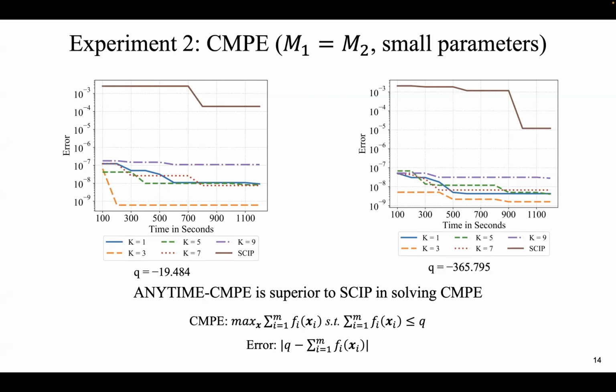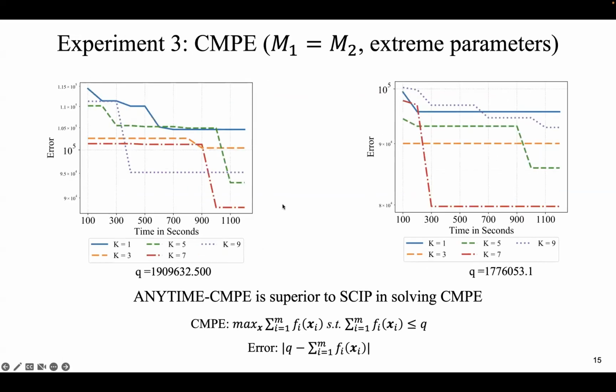Yeah. So actually it turns out that these 2 CMPE problems are actually much harder, right? And so what happens is that on these harder problems, we can see that the difference between SCIP and our algorithm, so I'm plotting error in this case, is much larger.